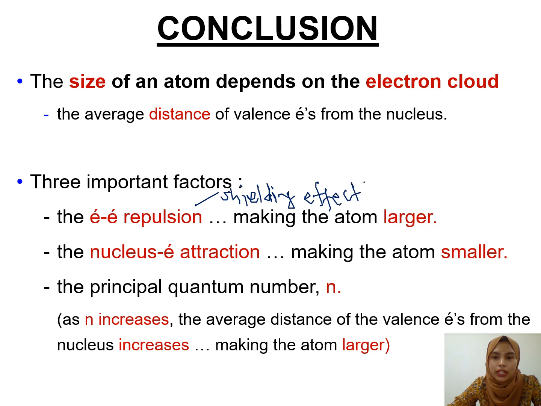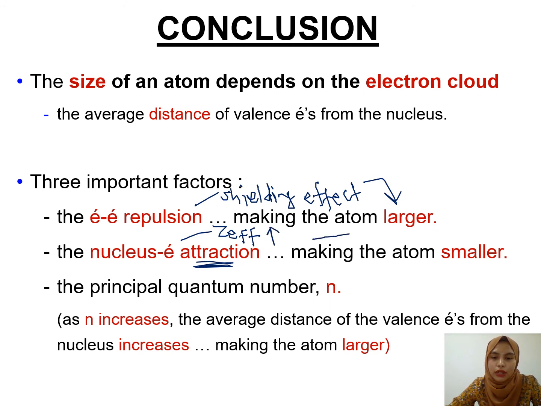The shielding effect makes the atom bigger. If there is attraction, not repulsion, but attraction between the nucleus and the electron, it contributes to the factor of effective nuclear charge increasing.